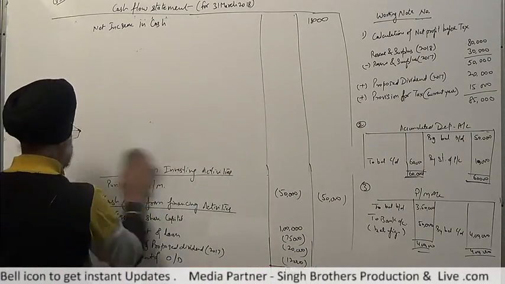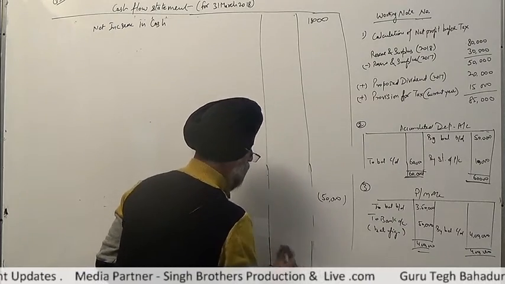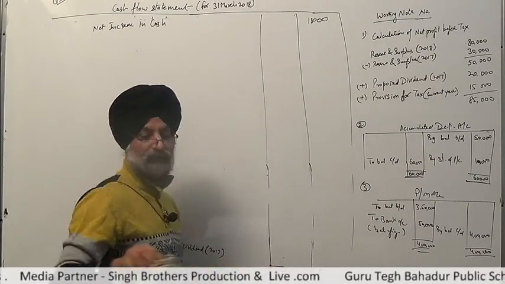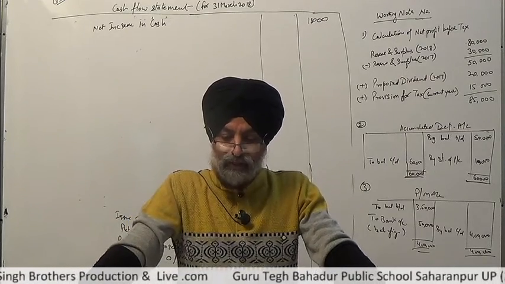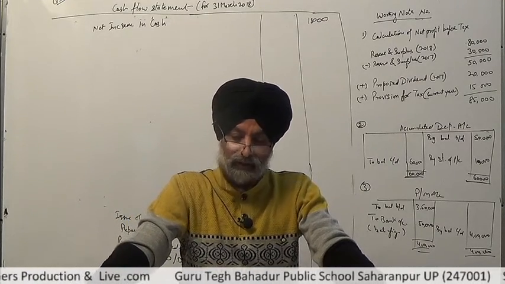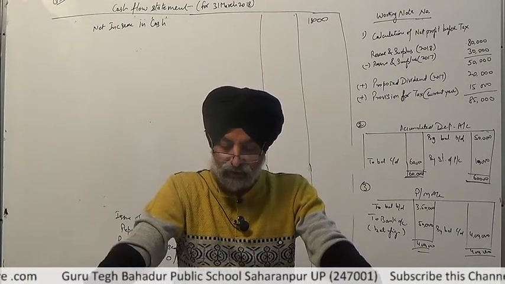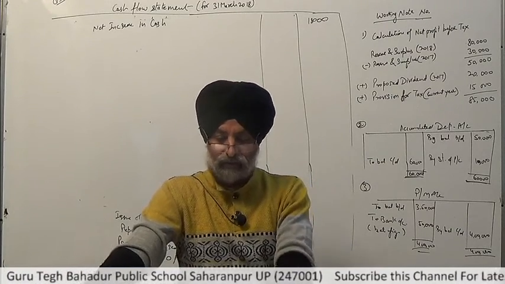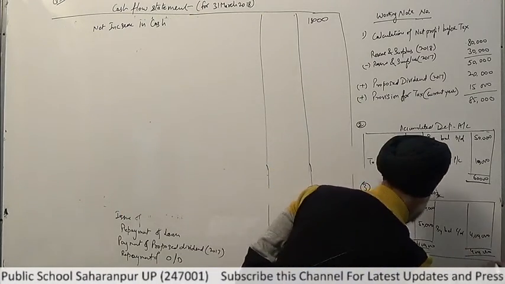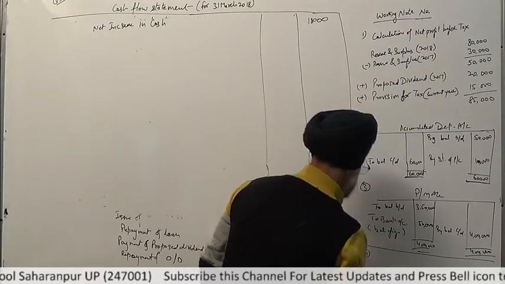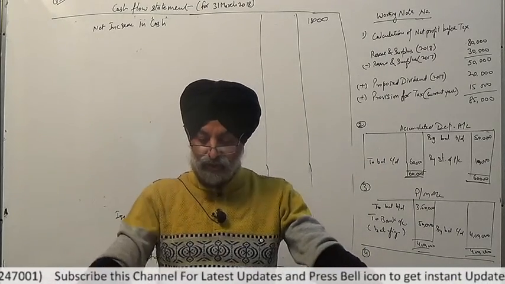After this, now see, cash at the beginning of the year. Cash at the beginning of the year, this is 25,000. For this again make a working note. Note number 4, cash and cash equivalents.